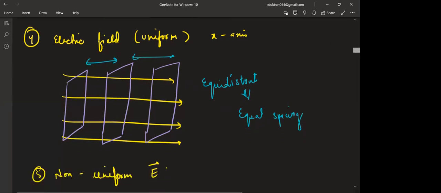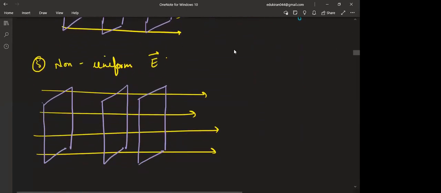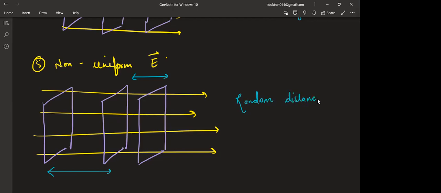But if it is non-uniform, again, wherever electric field is stronger, more equipotential surfaces are there. There will be a gap where electric field lines are lesser. So you were asking, or someone was asking also. In a non-uniform electric field, you get such a case. There is less separation here, here there is a lot of separation, and they'll be present at random distances.